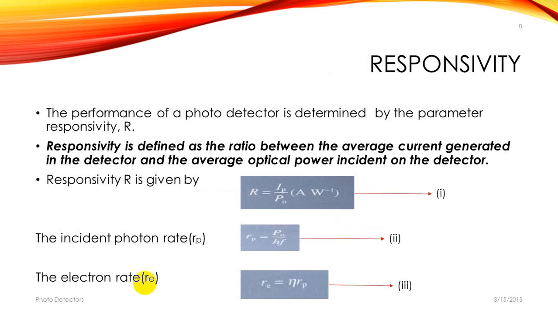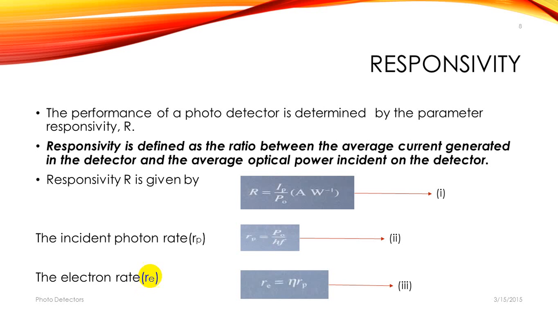Now, responsivity. The expression for quantum efficiency does not involve photon energy, and therefore the responsivity R is often of more use when characterizing the performance of a photodetector.